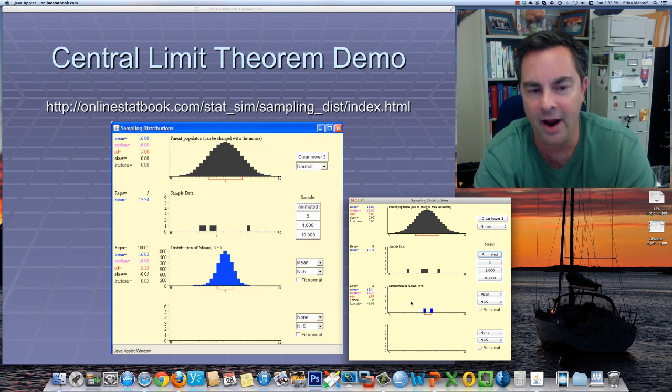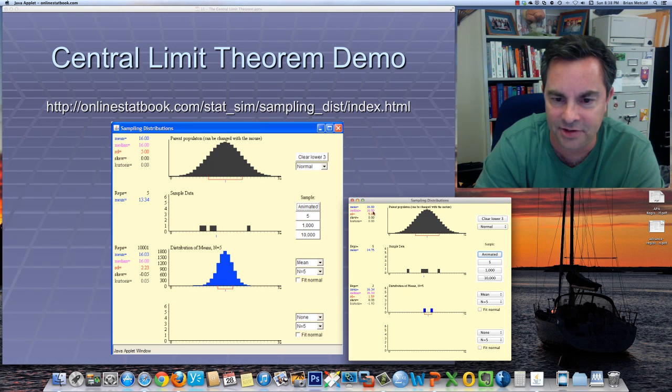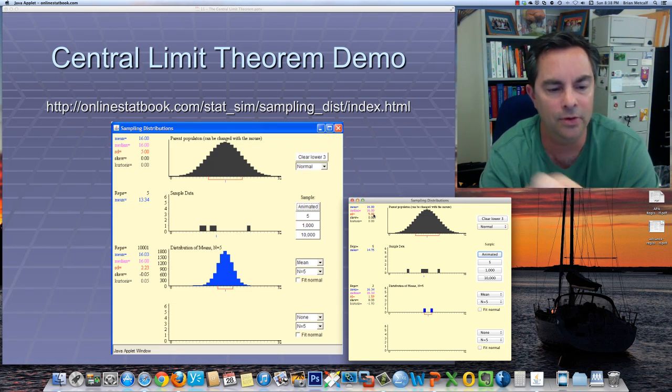What should the standard error be? Well, we can use our wonderful little formula to calculate that. Our population standard deviation is given right up here as 5 units, okay? So it's 5 divided by the square root of n.